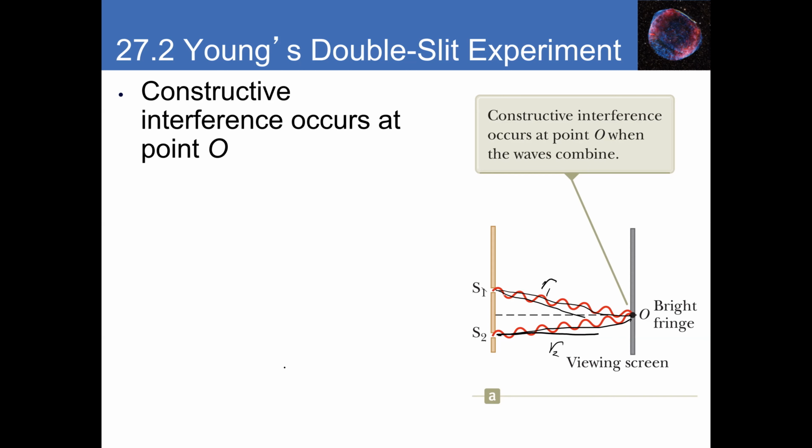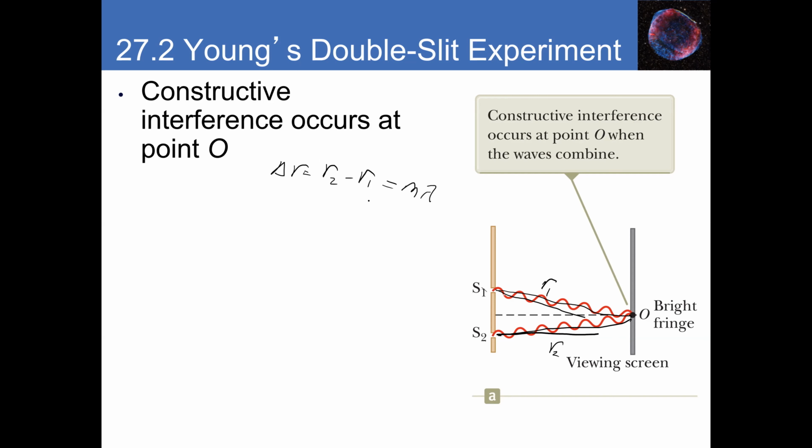Anyway, what we do here is R2 minus R1, and this is the path length difference, delta R. We talked about how constructive interference occurs when this delta R, the path length difference, equals m times lambda.